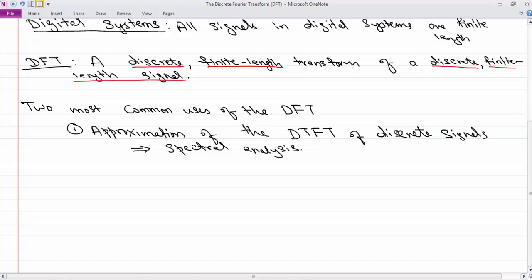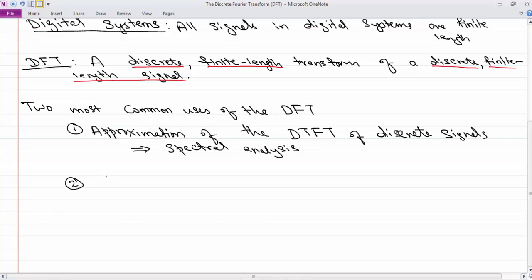You measure some radio frequency waves, and these days on your smartphones you get apps which tell you which Wi-Fi bands are active and which are not, if you want to set the channel for your Wi-Fi router. That uses DFT. Radar, if you want to figure out where an aeroplane is, it uses DFT. So it is very widely used in a number of applications.